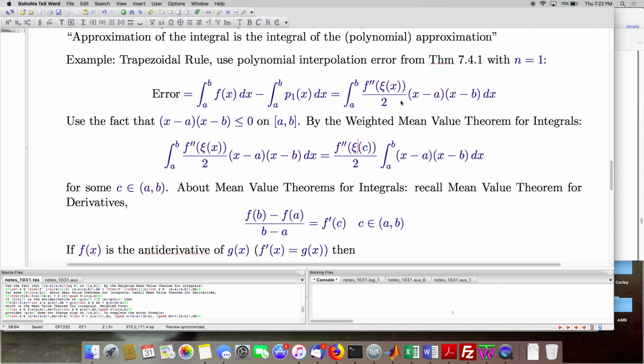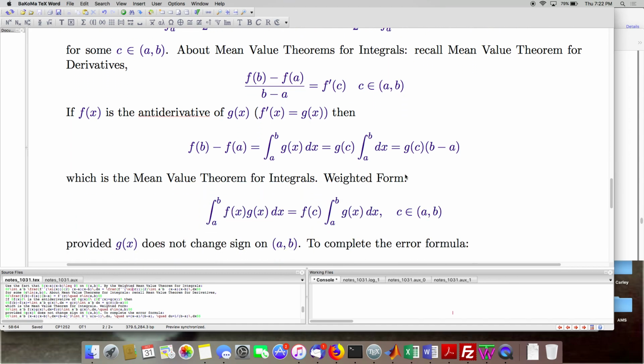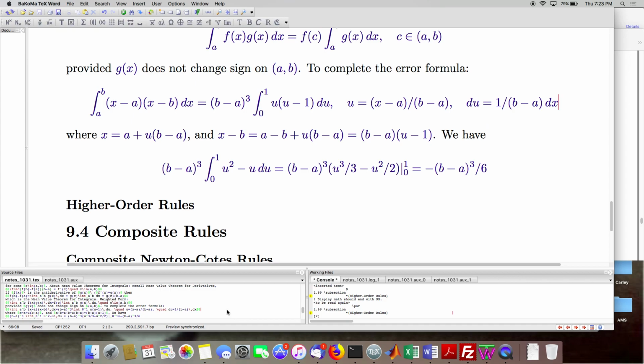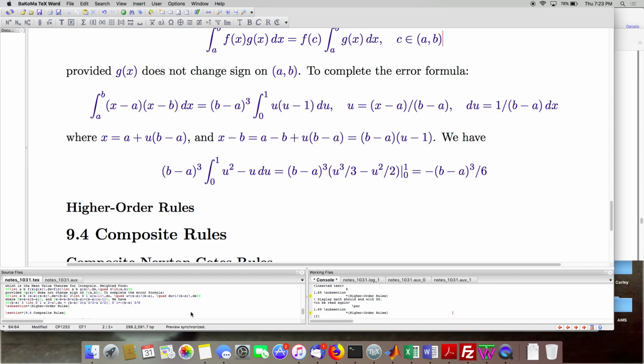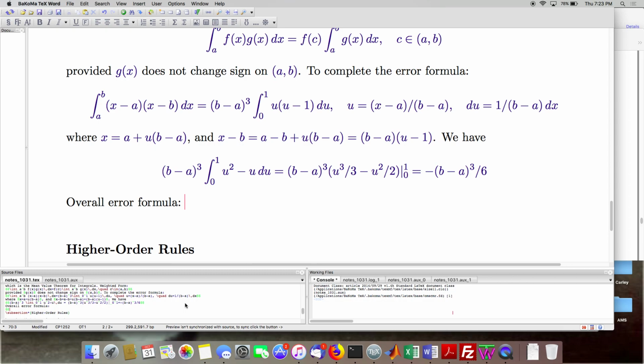So if I take that result and put that in here, the overall error formula is, okay.